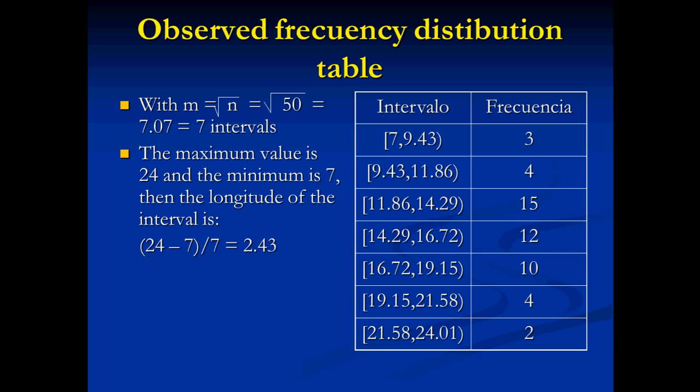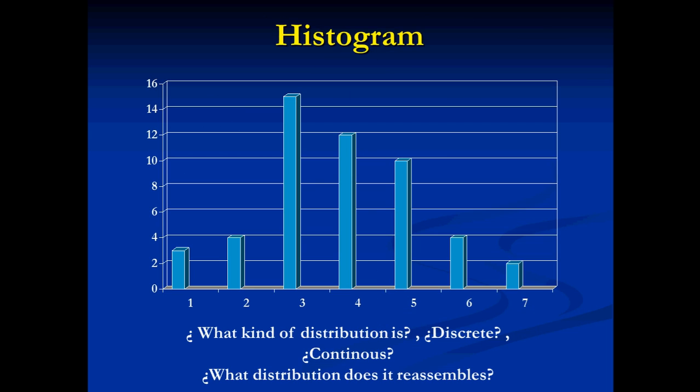Between 11.86 and 14.25, we have 15, and we can keep doing this until we get to the last interval from 21.58 to 24.01, and there are two observed values in there. Then we graph this information of the table, and we have this histogram.